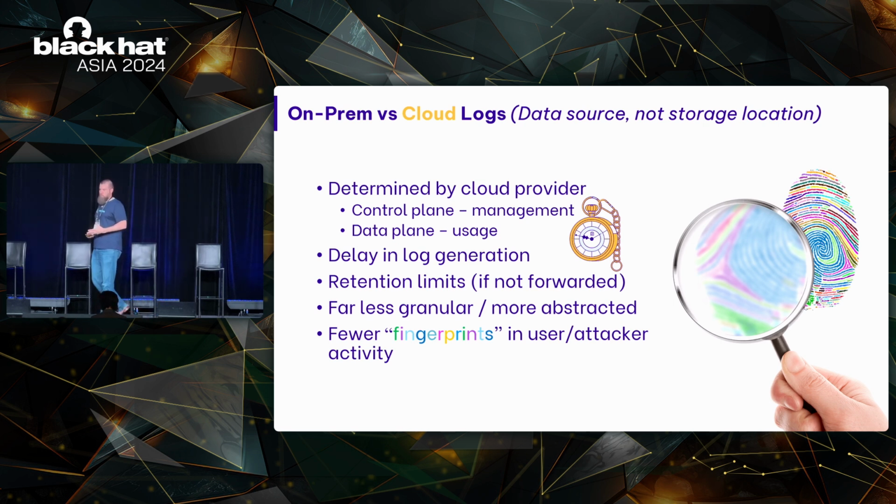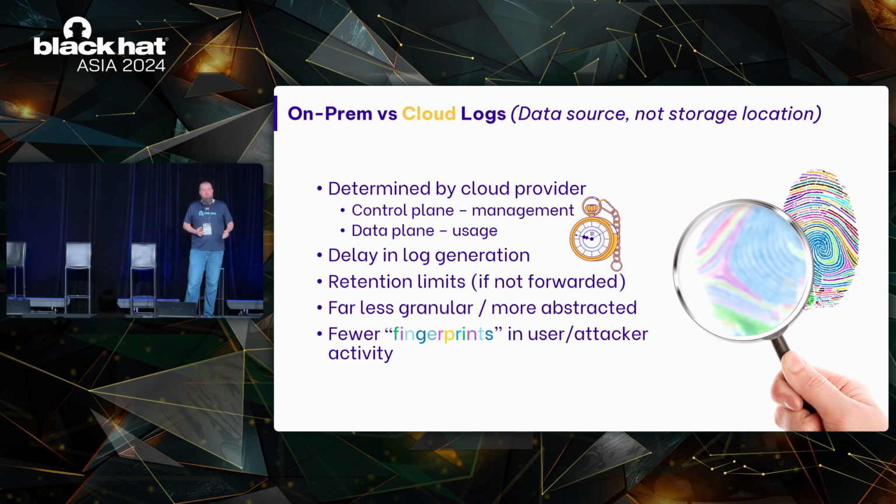But things get a little blurrier with cloud. There's not quite as much control. You are basically beholden to whatever the cloud provider gives you. And typically, most cloud providers break up their logs into control plane and data plane logs. Control plane is typically enabled by default, and it gives you information about the management and configuration of everything within that environment. Data plane is typically not enabled by default. So control plane can be like the configuration of an S3 bucket.